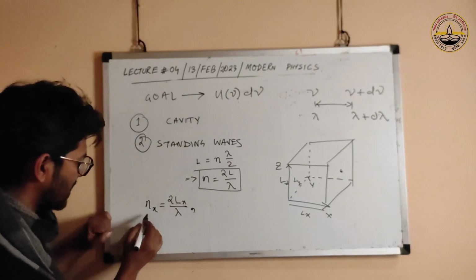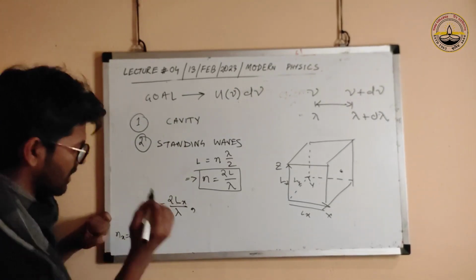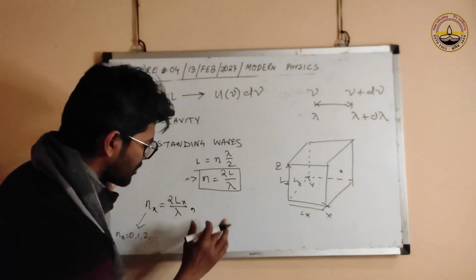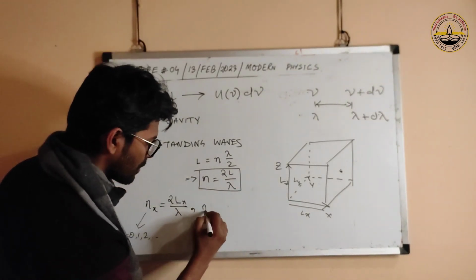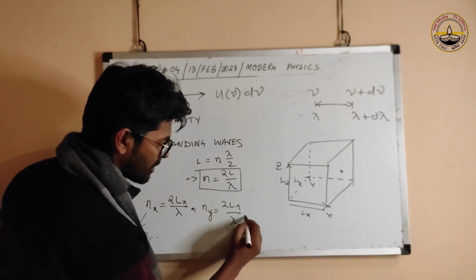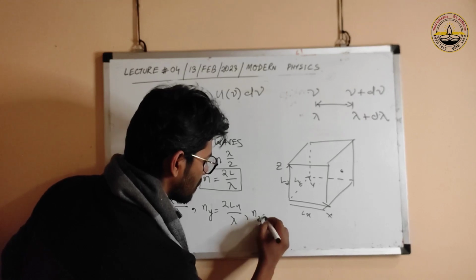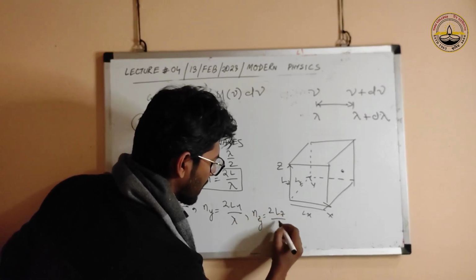This nx again is an integer, so nx equal to 0, 1, 2, etc. Similarly in the y direction, another condition will be ny equal to 2ly by lambda, and in the z direction, nz equal to 2lz by lambda.